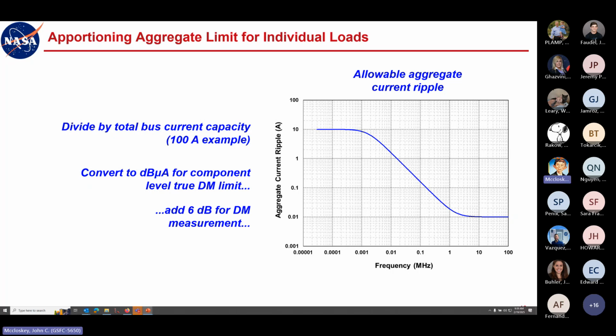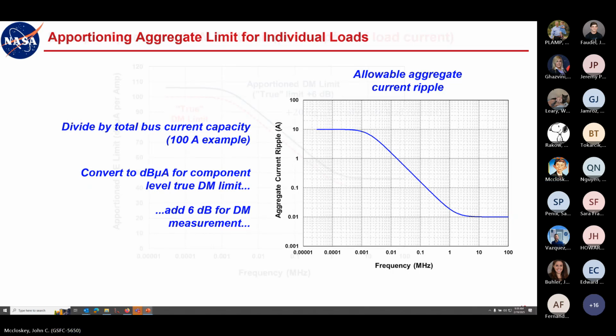That's the way we do it at Goddard. If your measurement system allows you to add that 6 dB factor into your profile to back out the true differential mode current, you can certainly do it that way, but one way or another, you have to account for that 6 dB factor. And we do it just by adding 6 dB to the limit.